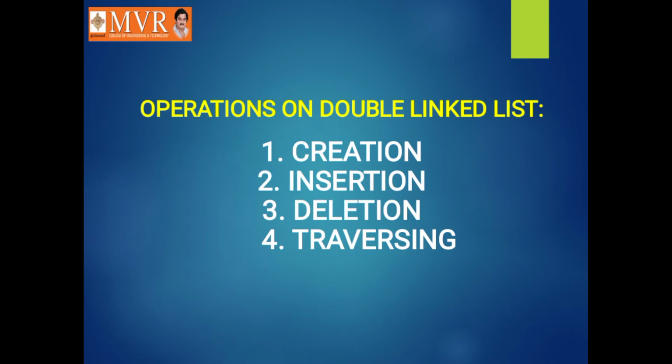These operations have already been done in the single linked list. If you have listened to the previous sessions, then you will be able to understand these operations very clearly.